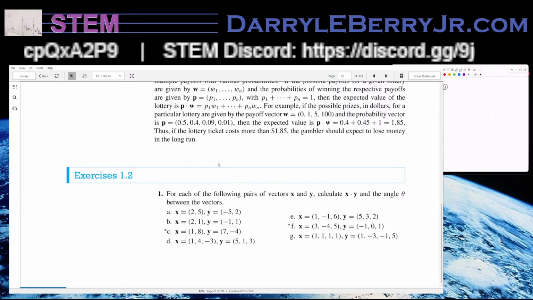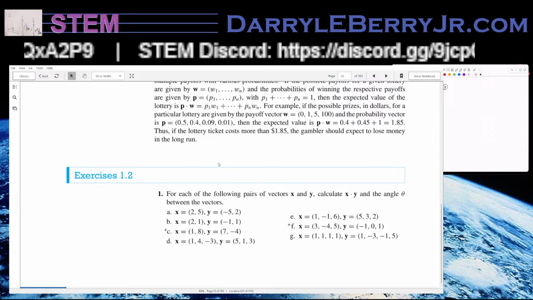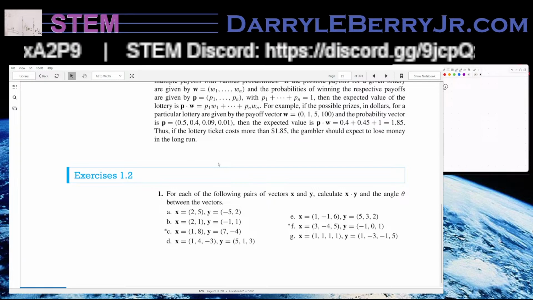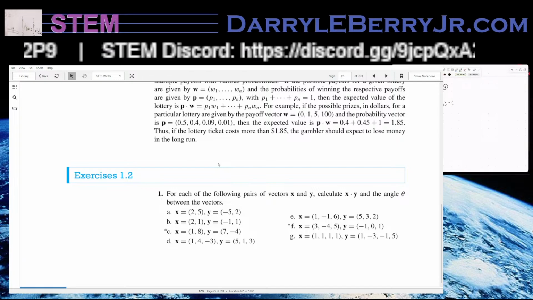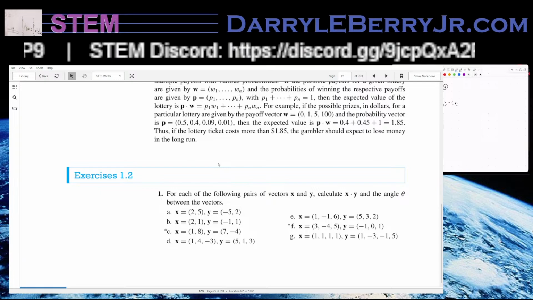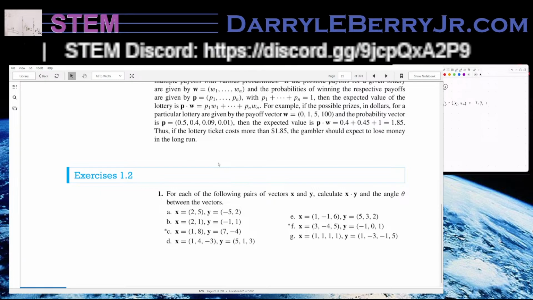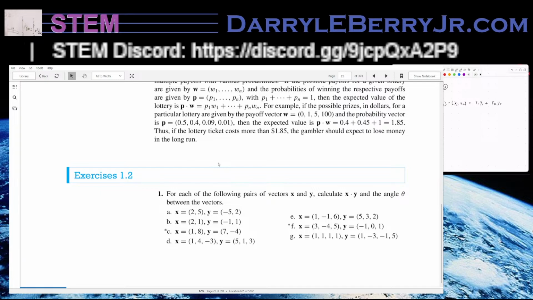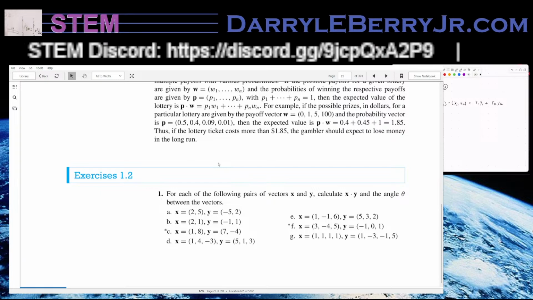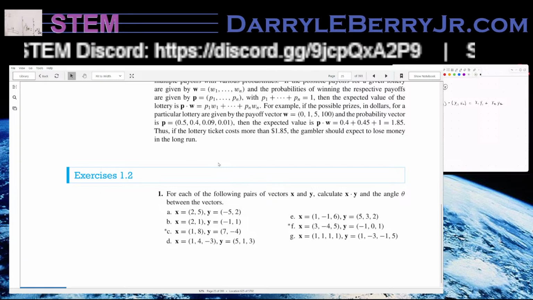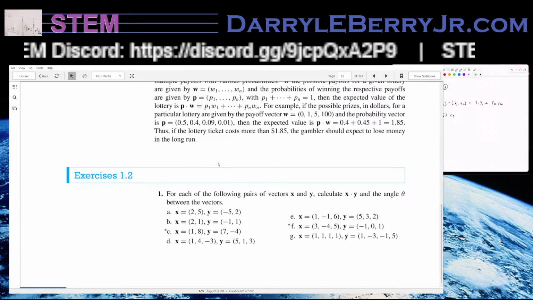So we know that x dot y is (x1, x2) dot (y1, y2) equals x1 y1 plus x2 y2. We also know that x dot y equals the magnitude of x, the magnitude of y, cosine of theta.